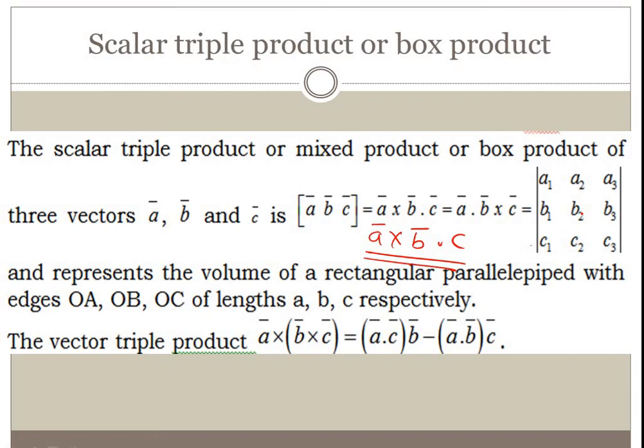Okay, so let us see one example on that part.